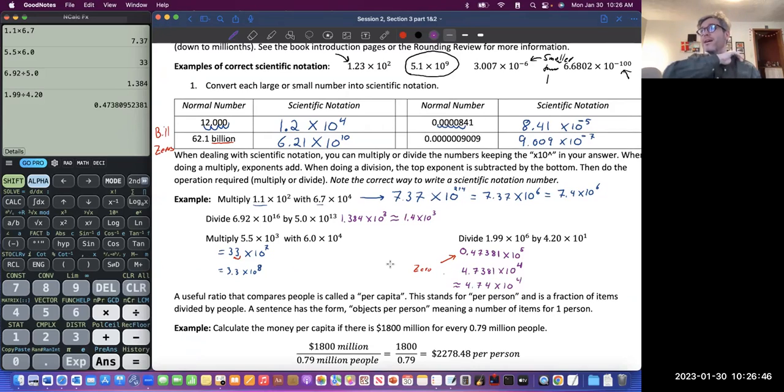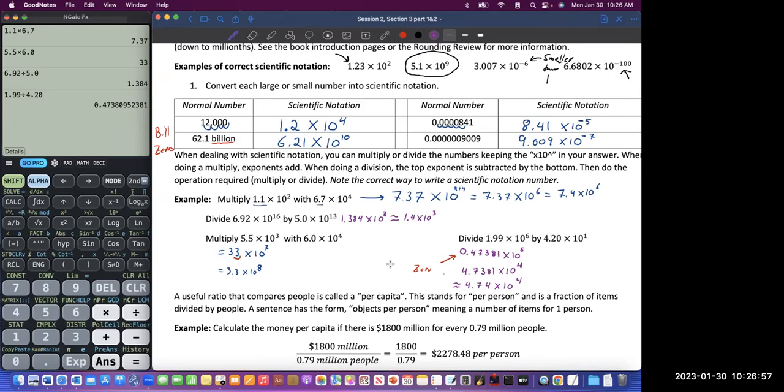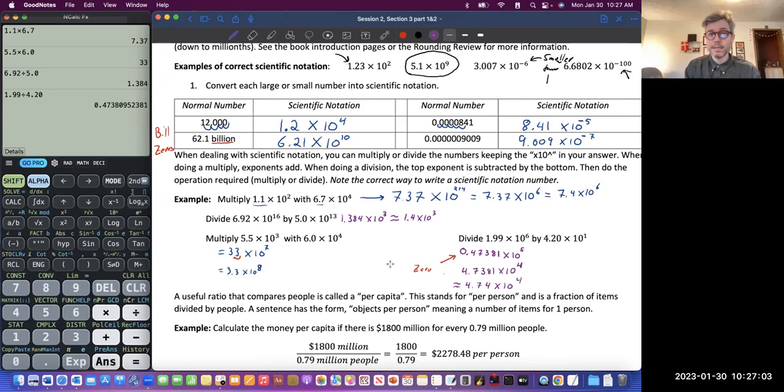Because if we subtract, then it would give a negative answer. Is that what you're getting at? Yeah, we subtract the 6 from the 1. So 1 minus 6 is -5. So in that step, the exponent would be -5.